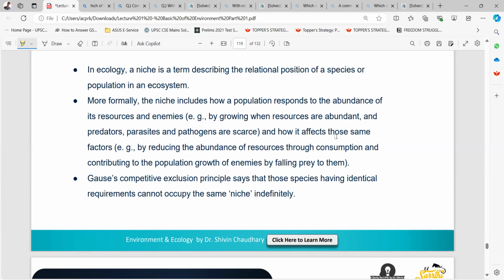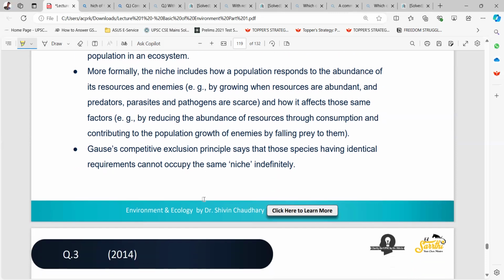It also includes how it affects those same factors, for example, by reducing the abundance of resources through consumption and contributing to the population growth of enemies by falling prey to them. Gauss's competitive exclusion principle says that species having identical requirements cannot occupy the same niche indefinitely.